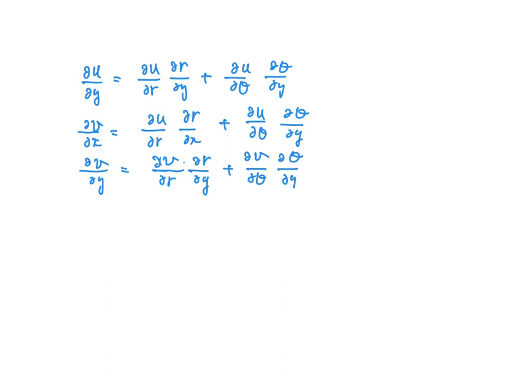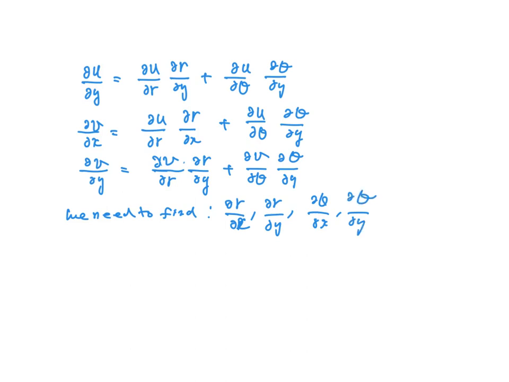So what we need to do is, we know how to differentiate with respect to r, so we need to find partial r partial x, partial r partial y, partial theta partial x, and partial theta partial y, right?